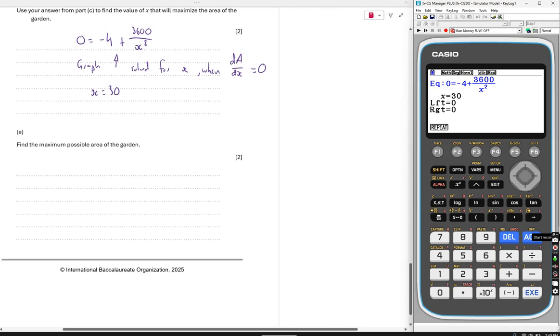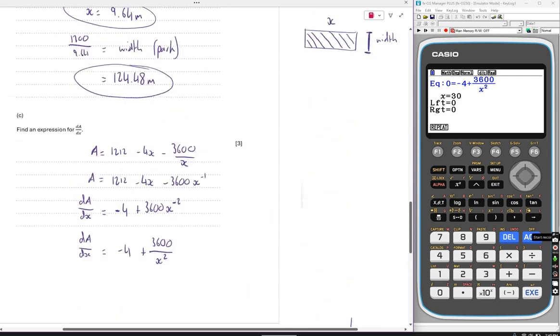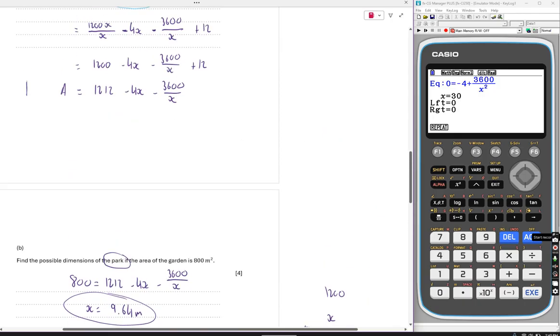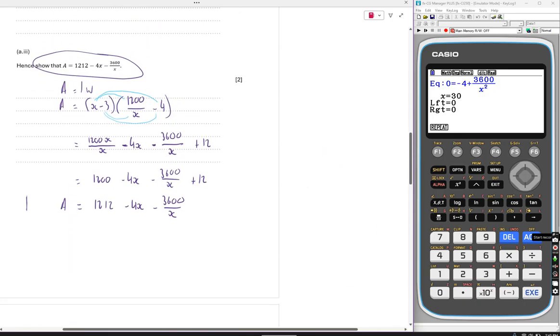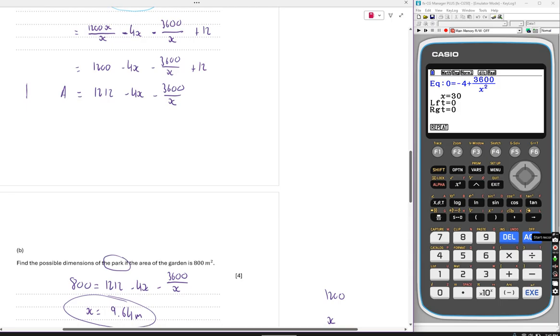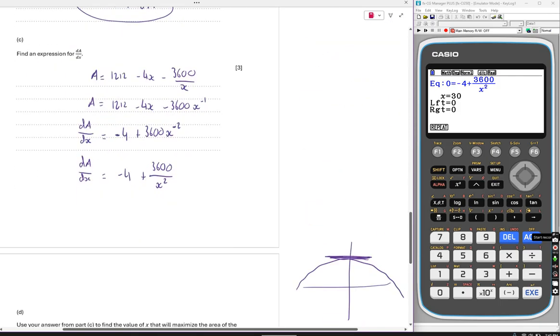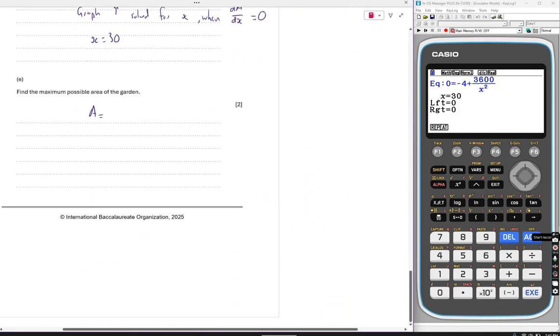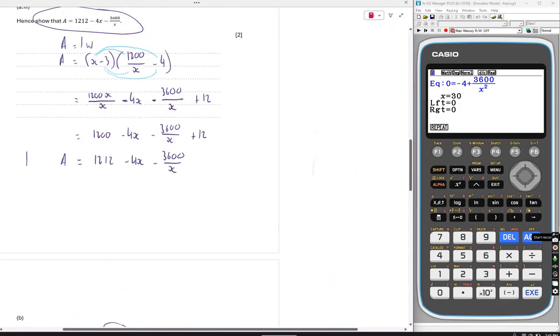Find the maximum possible area of the garden. Okay, let's have a think about this. The area of the garden, back to where I found the area of the garden, which was up here, 1,212 minus 4x minus 3,600 over, was it x squared or was it just x?